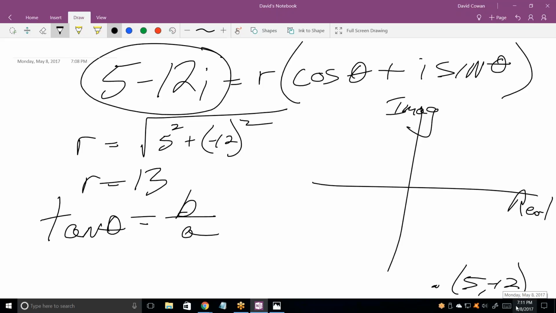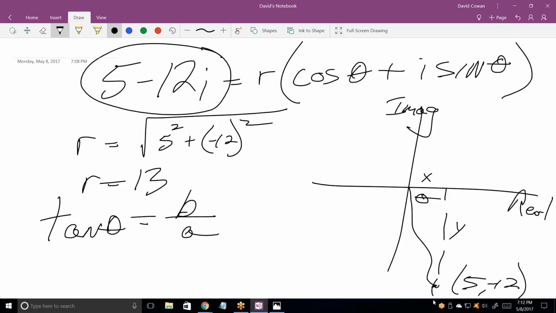Well, if I draw a line from the origin to that, and I call that theta, like the reflex angle in trig, well, then the tangent of theta equals the y-coordinate over the x-coordinate. Only in this case, it's not y over x, it's b over a.